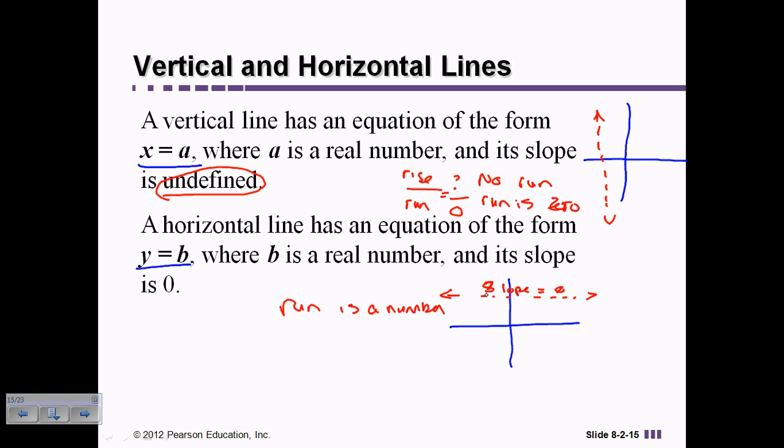In other words, you travel from one point to another, but the rise is 0. You did not go up at all to get from this point on the graph to this point on the graph. So it's rise over run, and anytime you divide into 0, you end up with 0.